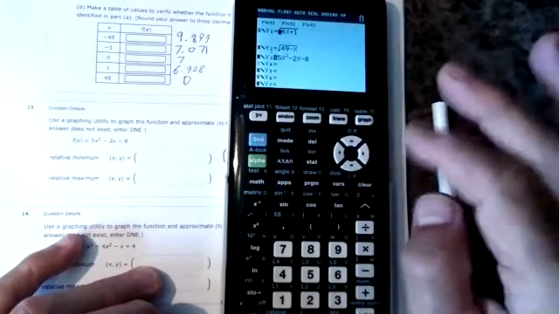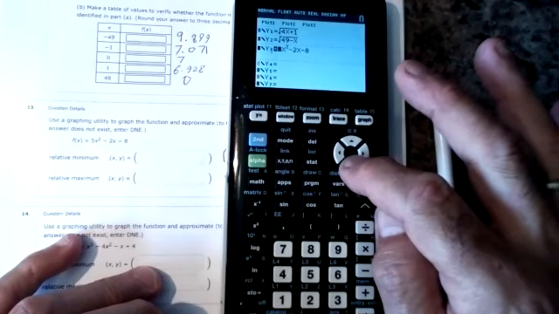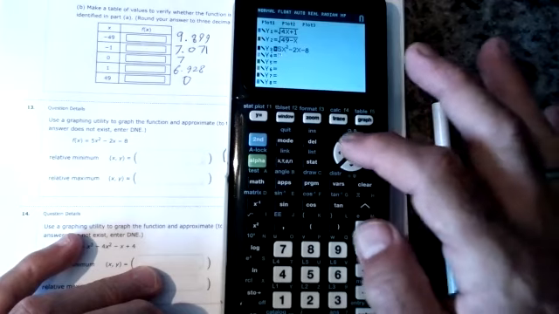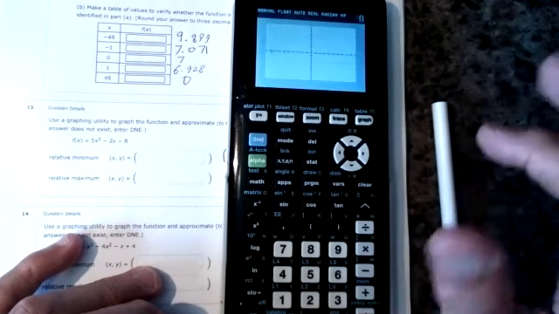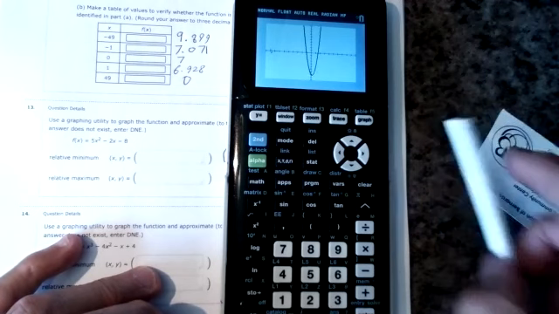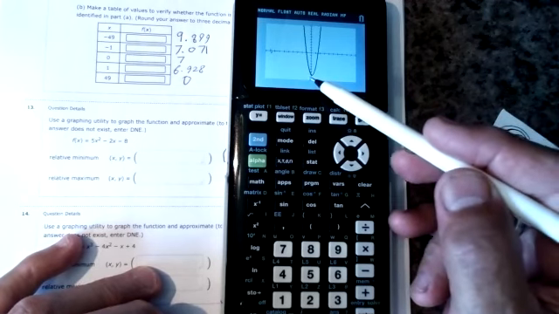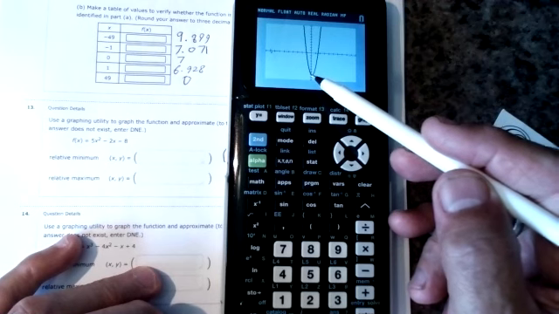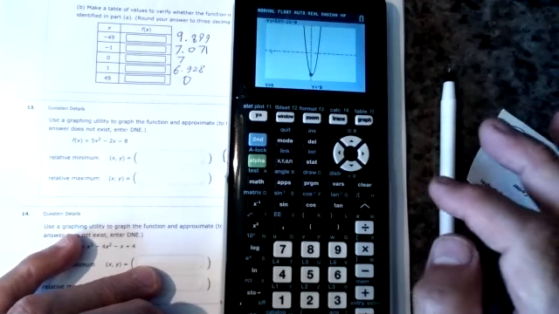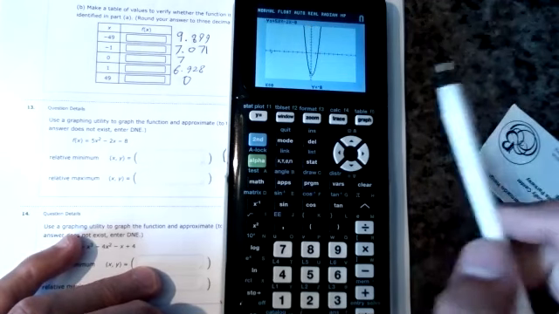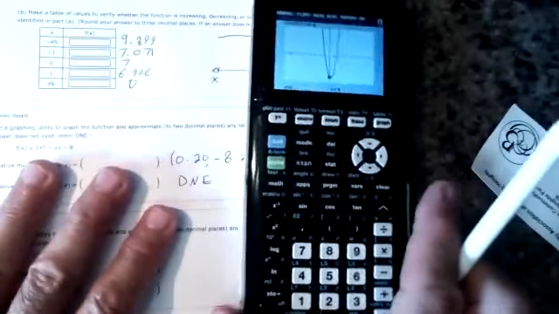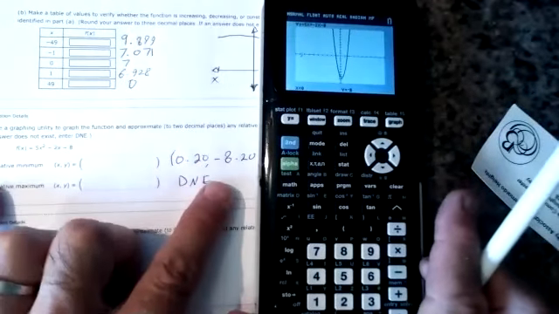Okay. So if you notice, there is just one minimum here. You see that? It doesn't have any maximum. So if I trace it, when x is 0, it's minus 8, but we have minus 8.2.